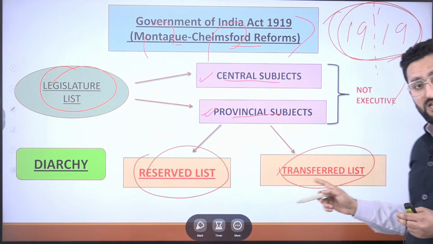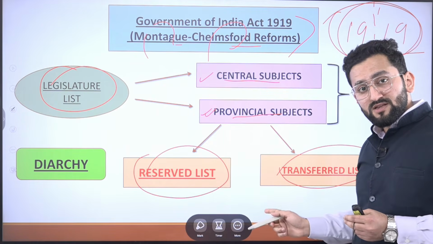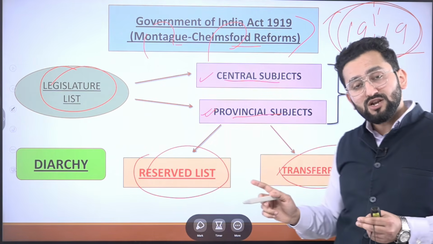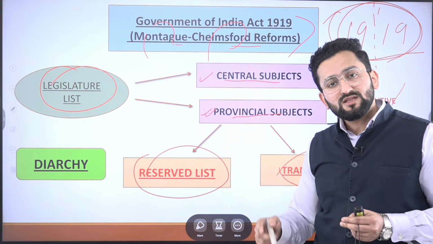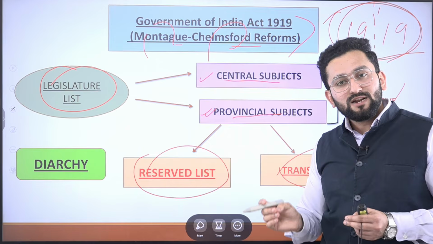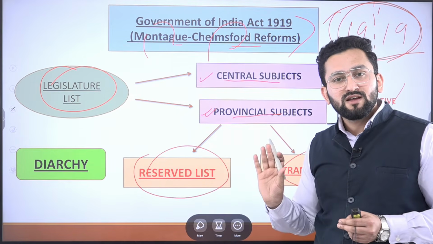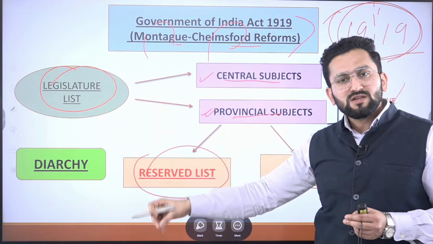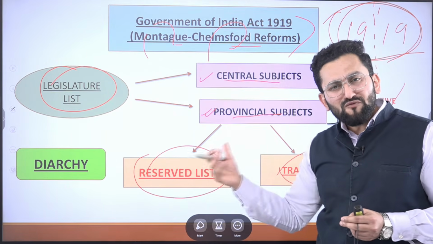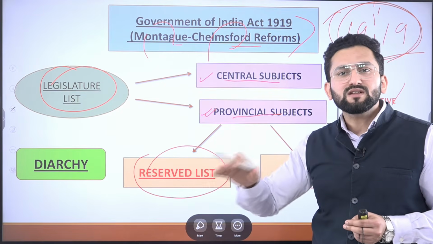But when it comes to the transferred list, with regard to those subjects, they have to take into consideration the council. It means important subjects were kept in the reserved list, so that the Indian members in this provincial legislative council cannot question them, because they don't have any say over this.